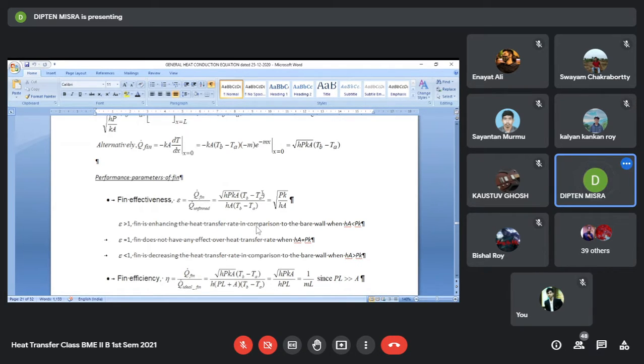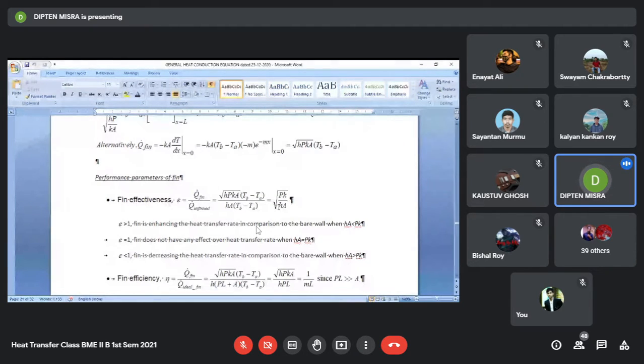That is quite evident from this expression, that the effectiveness is inversely proportional to h. So the larger the value of h, the lesser will be the value of effectiveness. So for a very high value of h, there is a possibility that effectiveness may be less than 1. That is what I mean by an inappropriate situation.